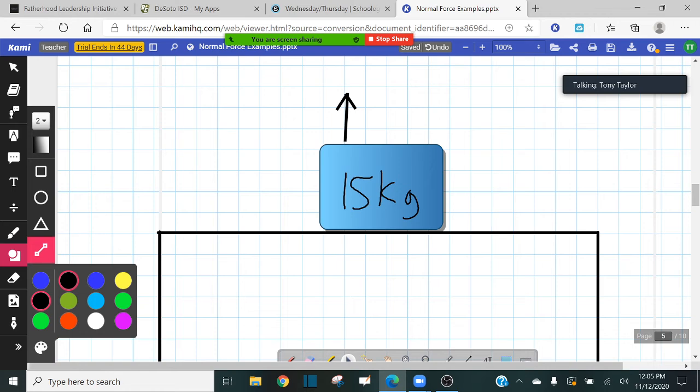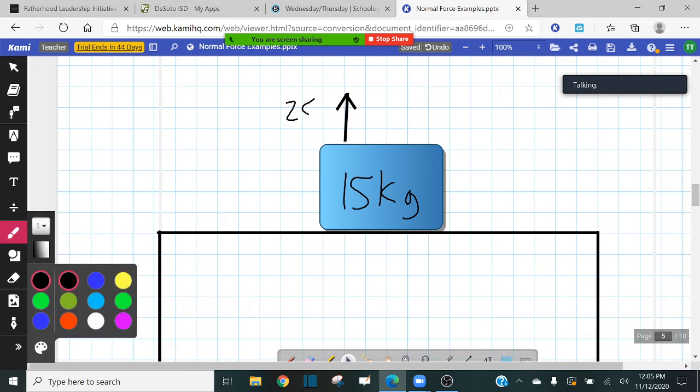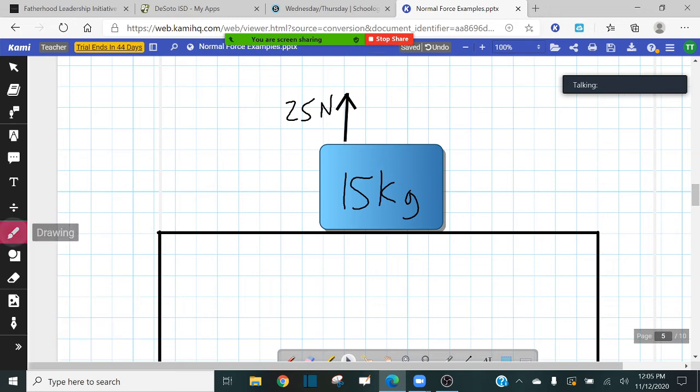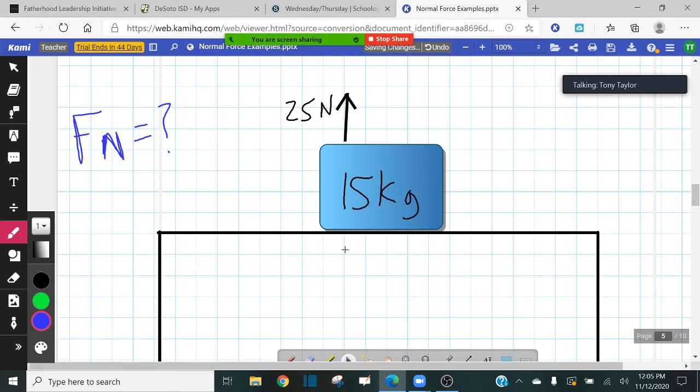And let's just say this force here is 25 newtons. So in this situation right here, how will we calculate the magnitude of the normal force acting between these two surfaces here? Okay.